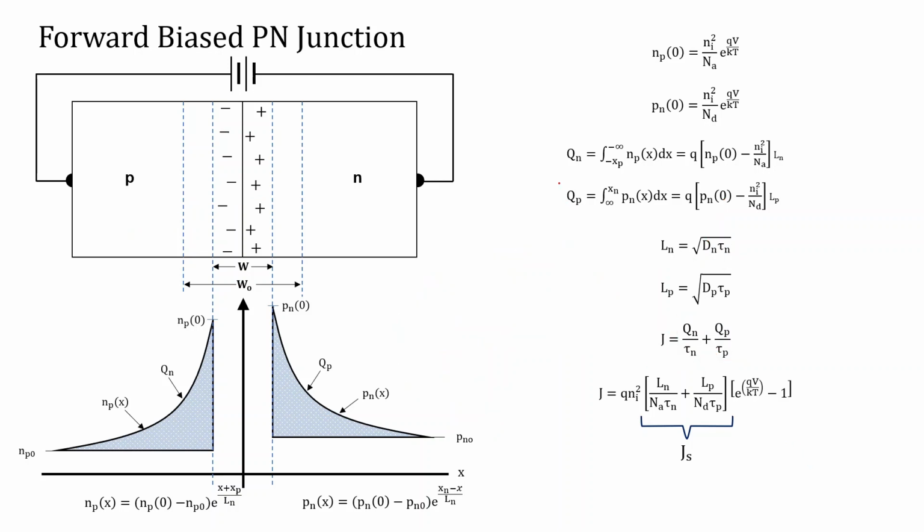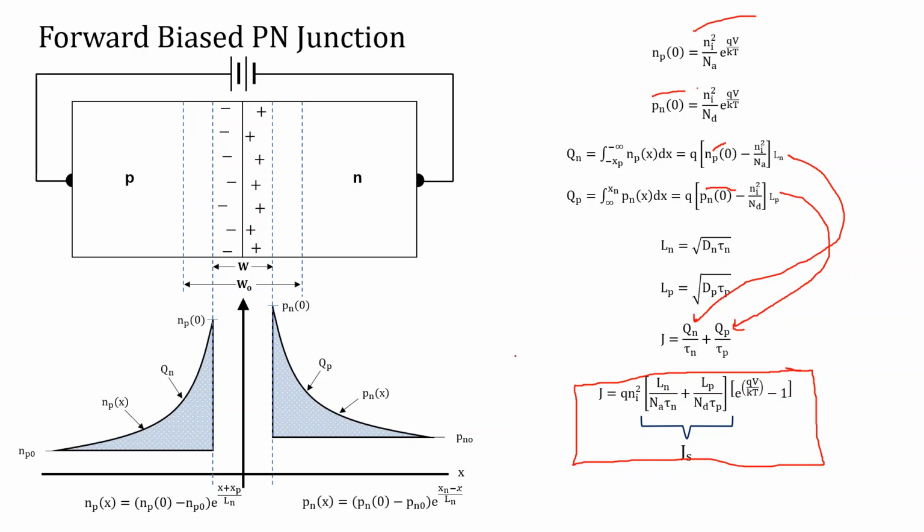Now just put these values which you have obtained here and here, and then rearrange the values, because we have np0 given by this expression, pn0 given by this expression, and then you solve a little bit, or you can say arrange a little bit, and you will reach this equation.